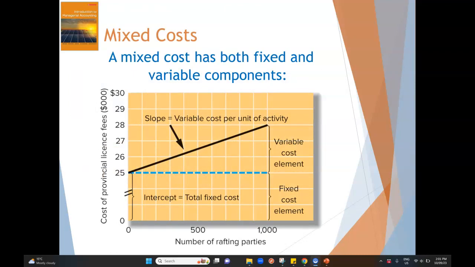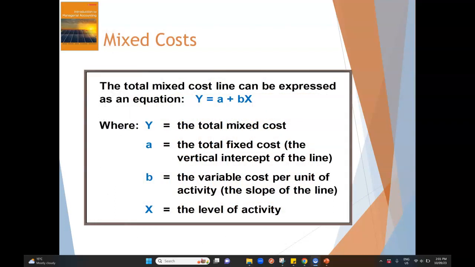Mixed costs. A mixed cost has both fixed and variable components. The total mixed cost line can be expressed as an equation, y equals a plus bx, where y equals the total mixed cost, a equals the total fixed cost, the vertical intercept of the line, b equals the variable cost per unit of activity, the slope of the line, and x equals the level of activity.